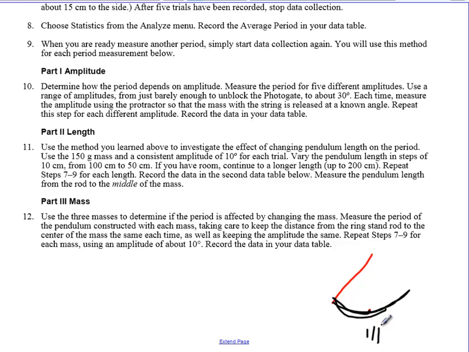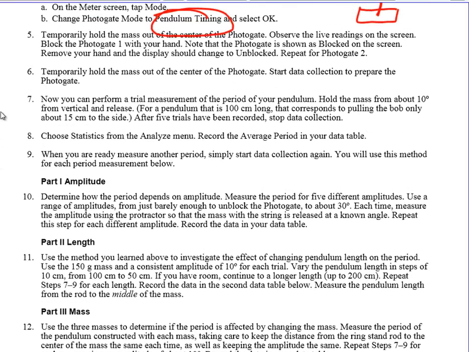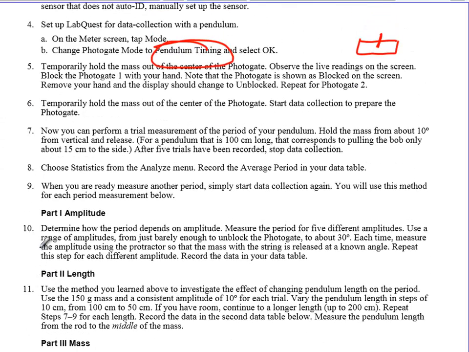What's actually the time it wants? Since the time it wants is the time for one complete motion, it's not here and back again. It's here, back again, and back again. So it's the time for all three. So it has to start and stop every other time, not every time. Anyways, as long as you did that, it'll be okay.